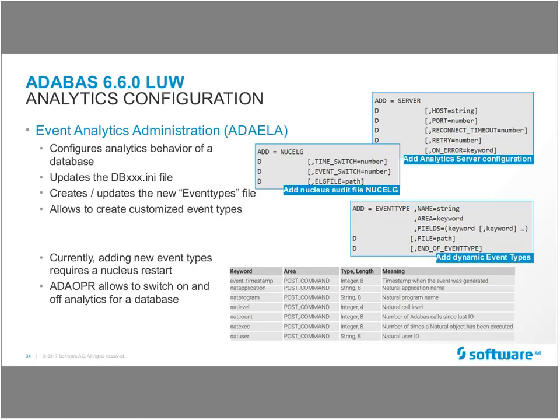We'll talk a bit later about that. And currently, when you create new event types, you need to restart the database kernel. That might disappear over time, but Adabas allows you to switch analytics on or off. So this is something you need to know.